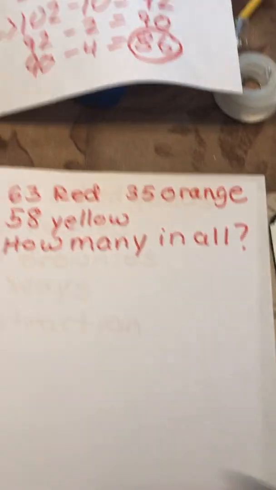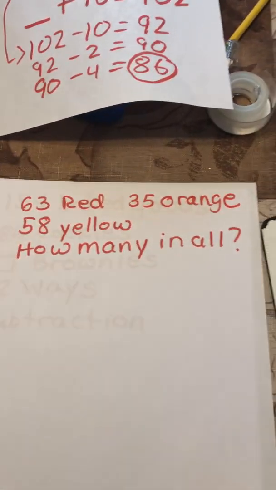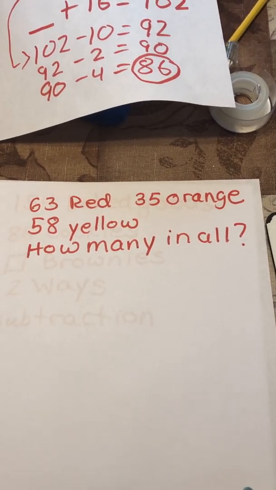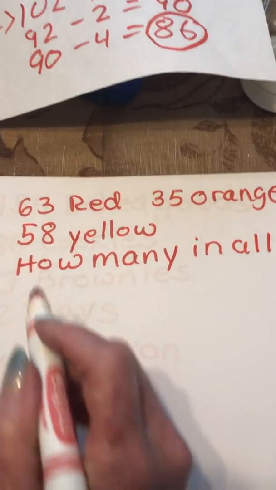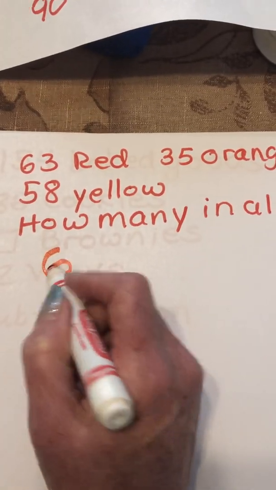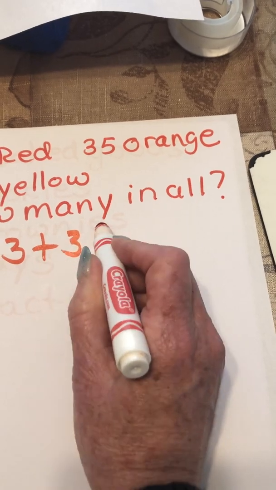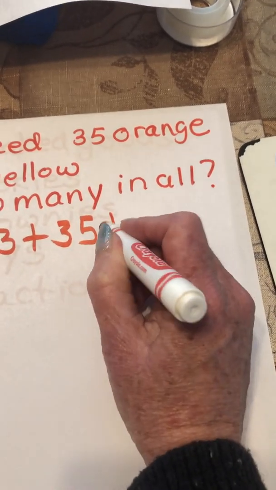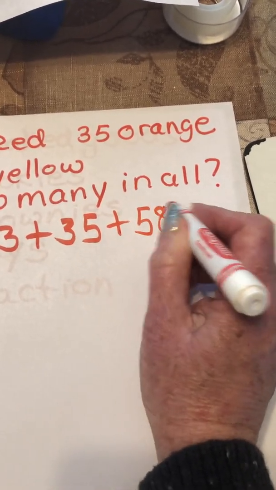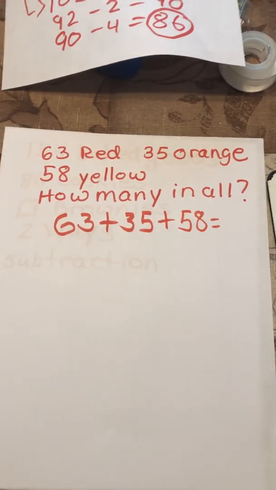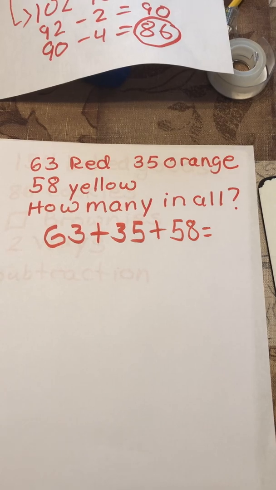So what strategy gets us to answer this question? If you said 63 plus 35 plus 58 gets you to the answer of how many in all, that is correct.